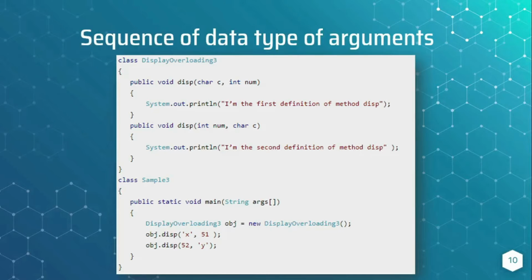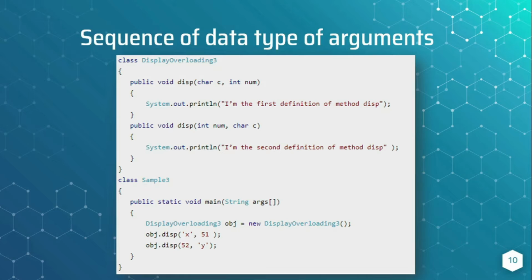Sequence of data types of arguments. Here, method disp is overloaded based on the sequence of data types of parameters. Both methods have a different sequence of data types in the argument list. The first method has an argument list of char and int, and the second has an int and a char.